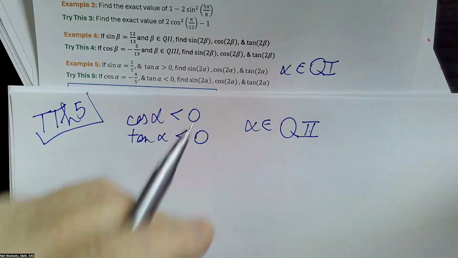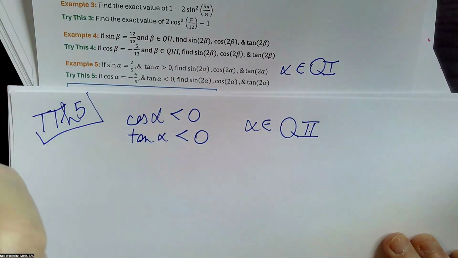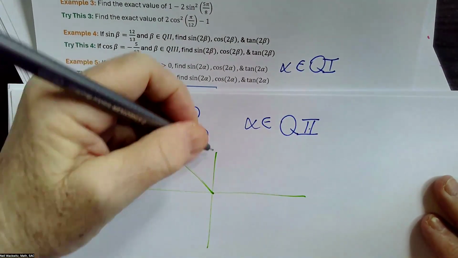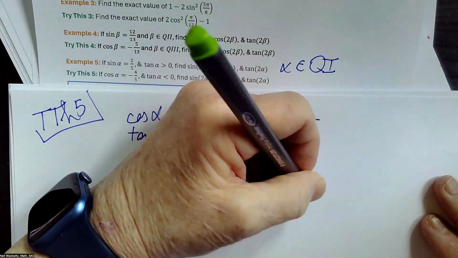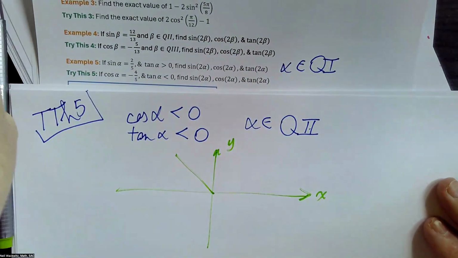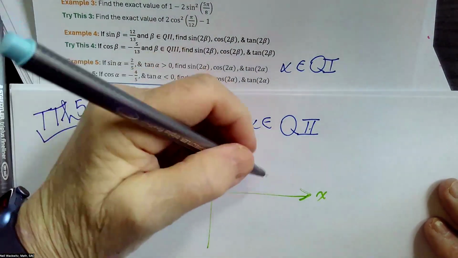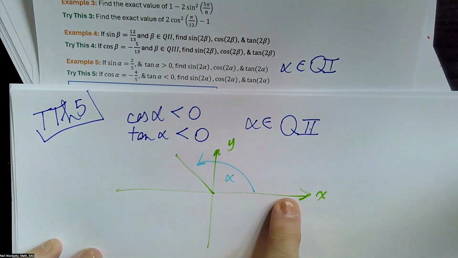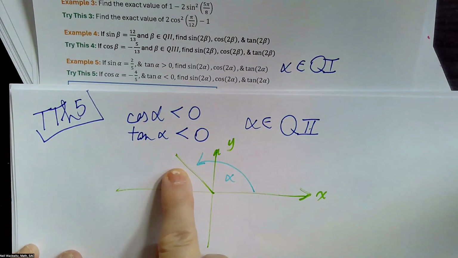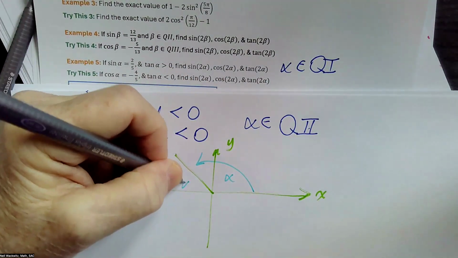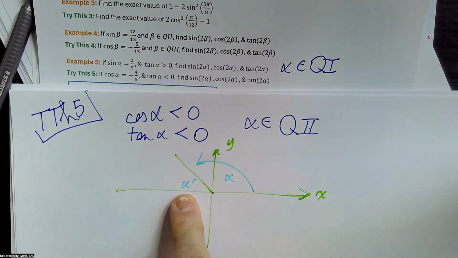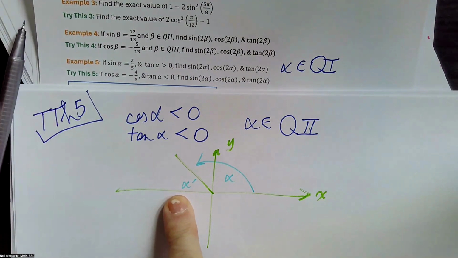So that's where we're going to draw our triangle. And we know that alpha goes from the positive x-axis to this terminal side, and that the reference angle for alpha, which we're going to call alpha prime always, is in quadrant 2.